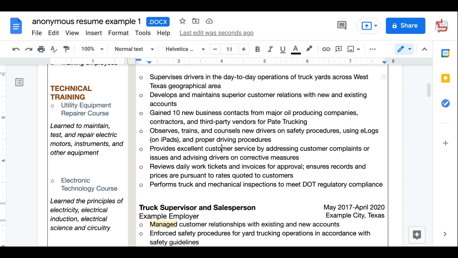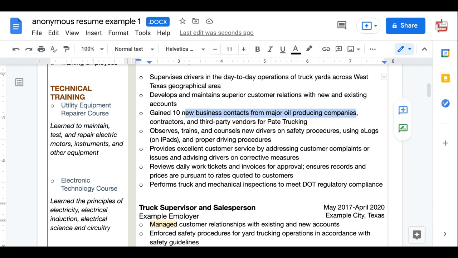On the job ad for this resume, if I remember correctly, the job ad was asking for someone who knew how to work with new business contacts from major oil producing companies.